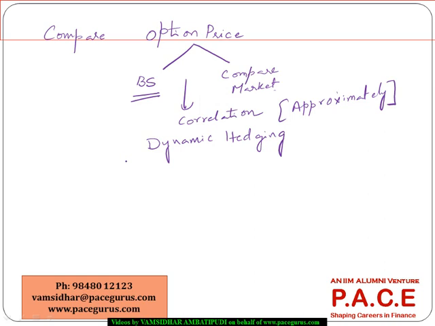So with that as the base, now I would like to look at the construction of the Black-Scholes formula, or on what basis this formula has actually come up. The intention of this formula, first of all, is that it is used only for pricing European calls and puts.